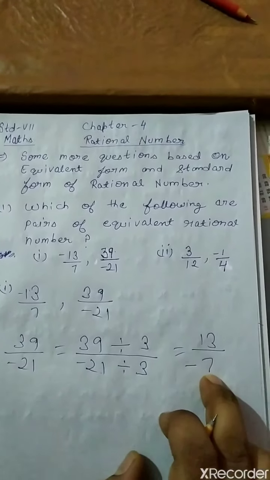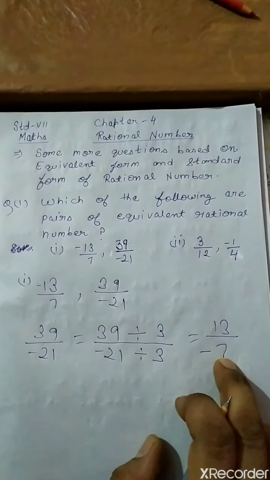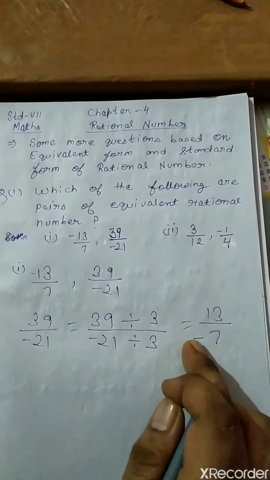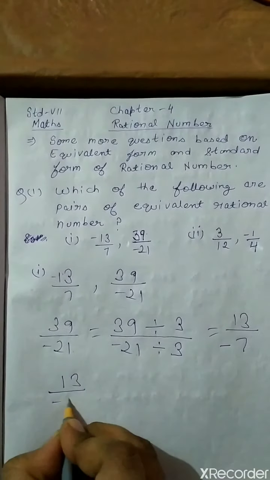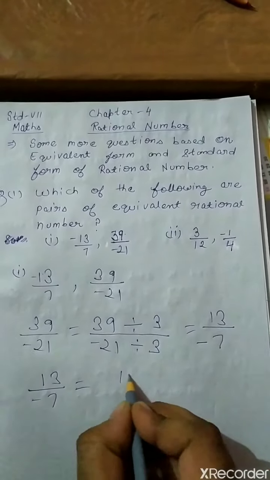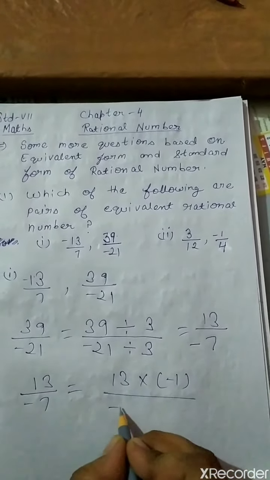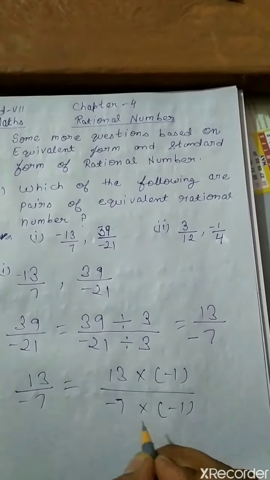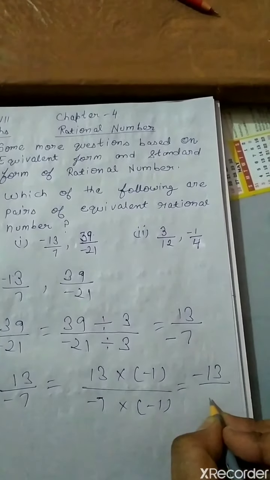Now you have to convert it into standard form. So the minus you have to take to the upside. How will you do that? 13 by minus 7 is equal to 13 into minus 1 over minus 7 into minus 1, so you will get minus 13 by 7.